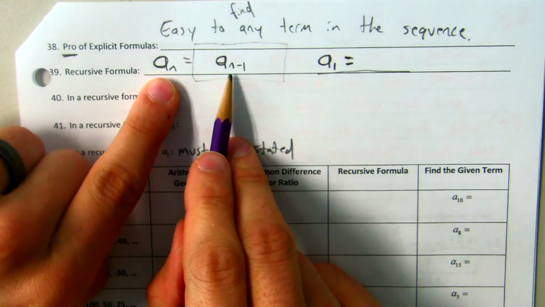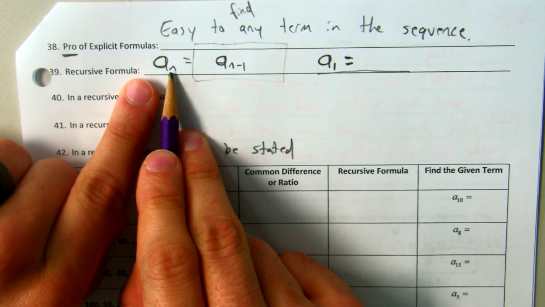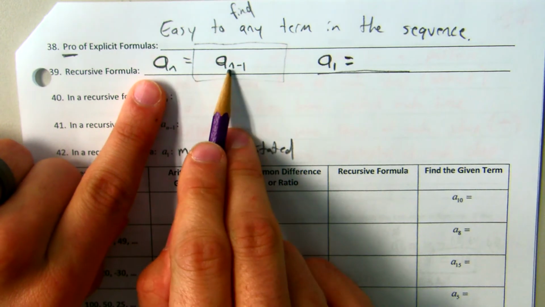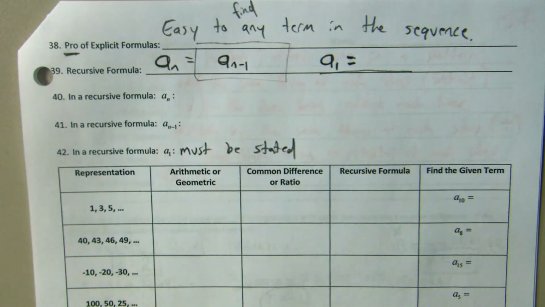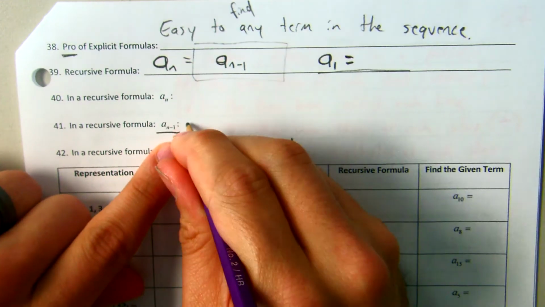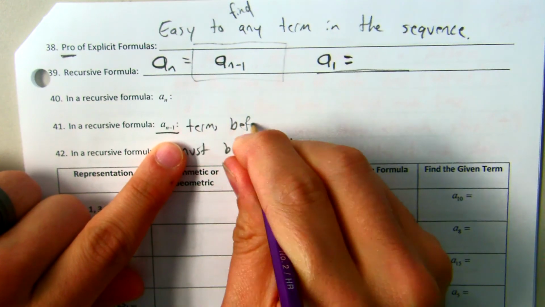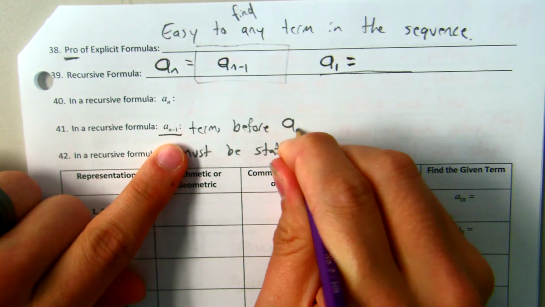And you need to understand what this is saying. If you're trying to find the nth term, some generic number, n minus 1 is just the term before that, because it's one less. So a sub n minus 1 is the term before a sub n.